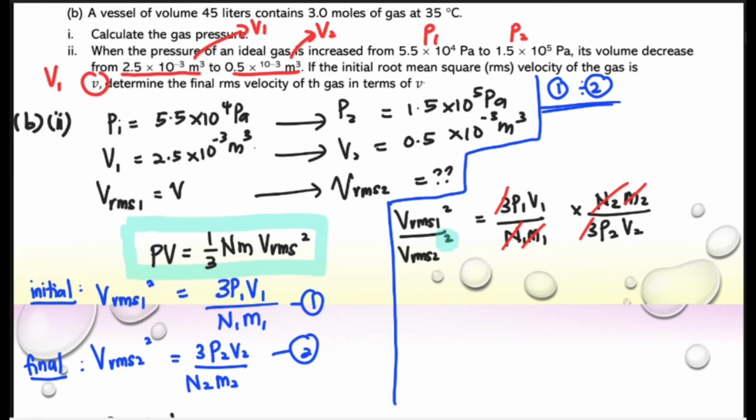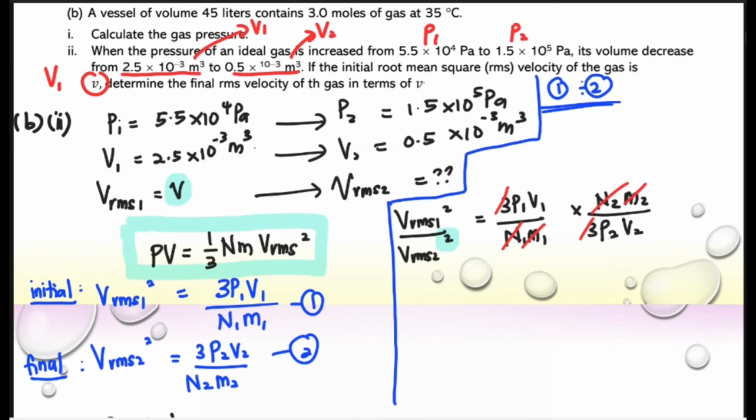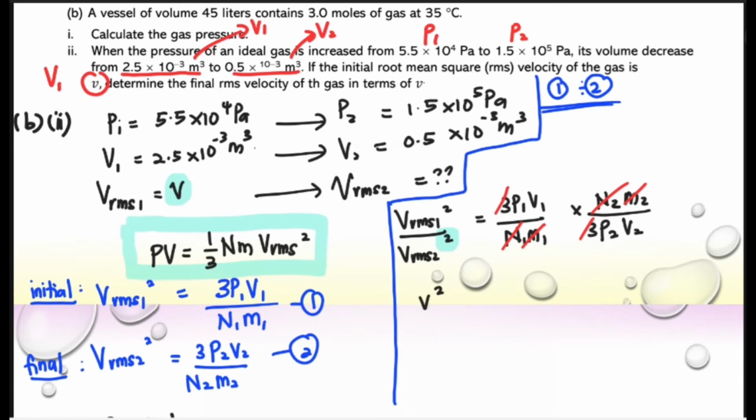Okay, so here we have VRMS squared. VRMS 1, the question has given, VRMS 1 is equal to V. So we can just write V squared over VRMS 2 squared, don't forget we have squared here, is equal to P1V1 over P2V2. Okay, so from here we can rearrange the equation.